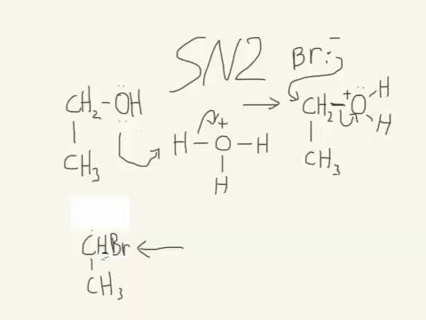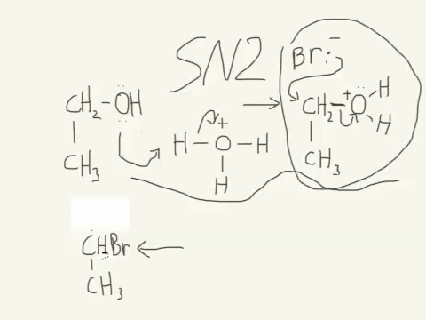So we're starting with a primary alcohol. And note that it gets activated similarly. And then, after activated, the bromide attacks at the same time as the water is released in this step. And that forms exactly the same product, but in one step.